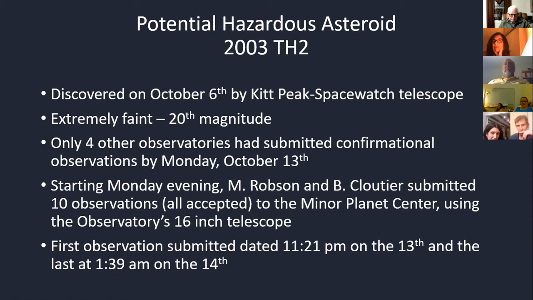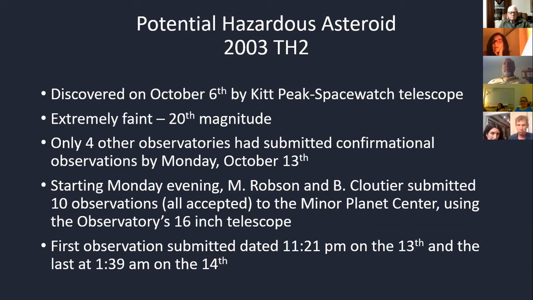And on this particular night, it was the 13th of October, it was a Monday night, Monty Robeson, who was the director of the observatory, and myself were down there, and we were hunting an asteroid that had just been discovered the previous week called 2003 TH2.